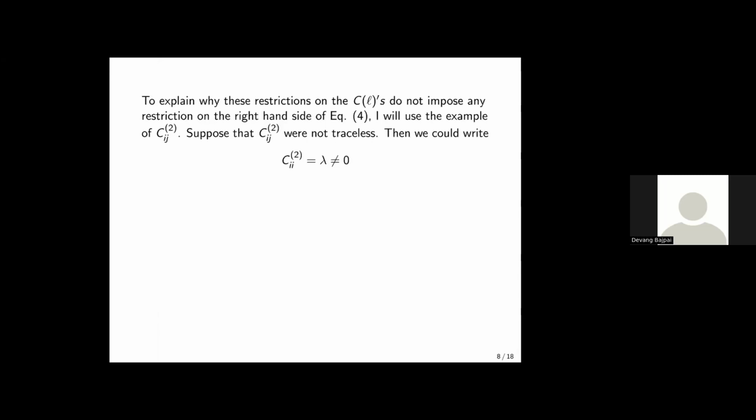But suppose that our tensor is not traceless, then we can write it in the following way, where the same indices represent the diagonal elements. If it is not traceless, it will have some value lambda. Now, here I define a new quantity in terms of the older quantity, which is the older quantity minus 1 by 3 times lambda times the delta function.